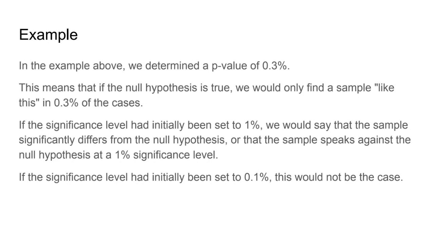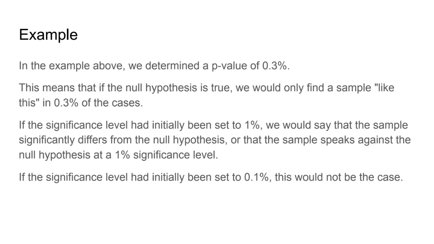So maybe in that case we would say we need a very, very low significance level, because we would only suspect that the university would have made a mistake with something as simple as calculating the mean age of students.